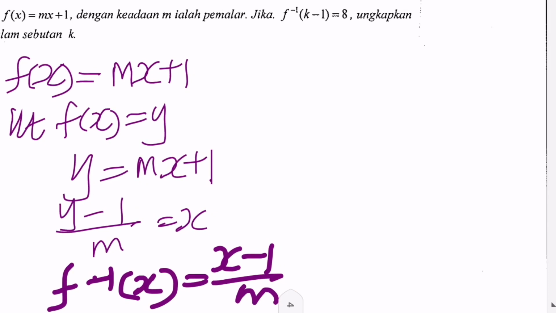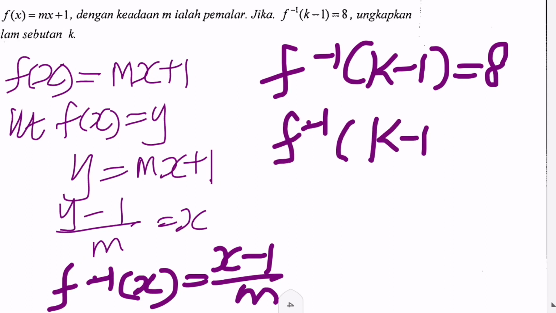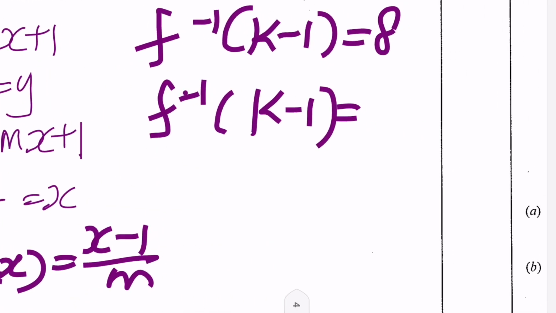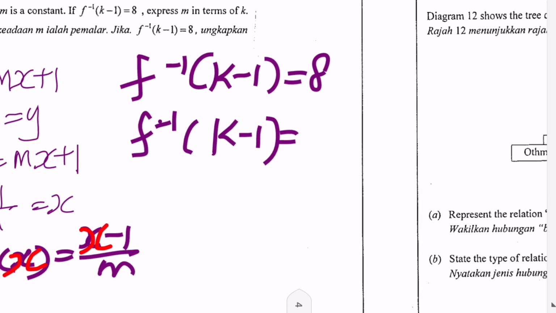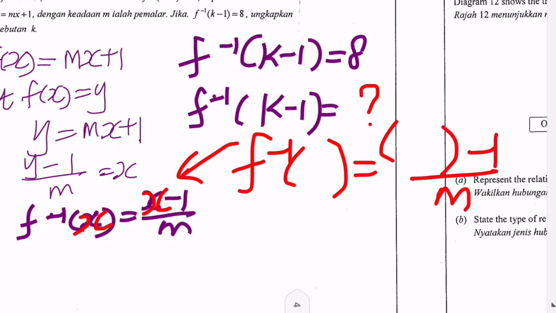So I'm finding the inverse function for f. Then I will substitute the x with the object k minus 1. Let's substitute k minus 1 into the inverse function. Our inverse function is (x minus 1) over m. So I will substitute k minus 1 into the place of x because that is the object. So we will follow f inverse of (k minus 1).